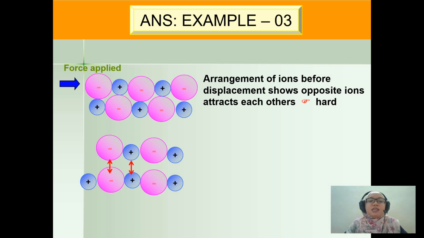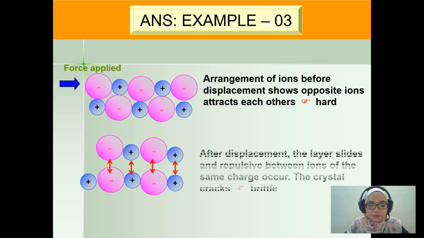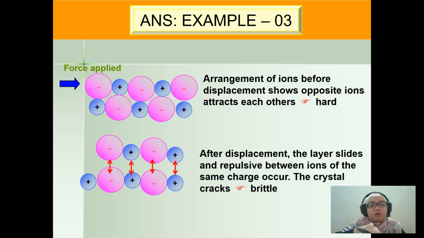So sekarang ni dah ada repulsion pula. Dia punya layer tu dah slides. Dah ada repulsion between ions of the same charge, so the crystal akan crack, or we call it brittle. So that's why ionic solid is hard but brittle at the same time.